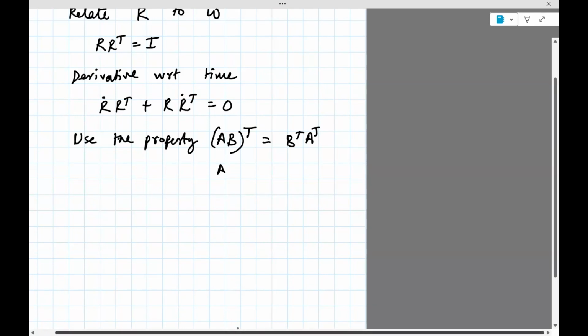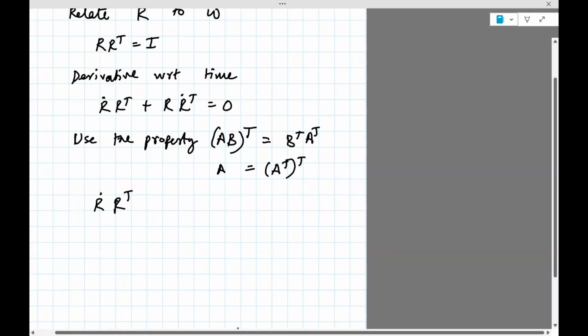And A transpose of transpose is the same as A, so if you take the transpose twice you get A. That's kind of obvious, but the first one is less obvious, though it's true. So let's use this on R transpose.